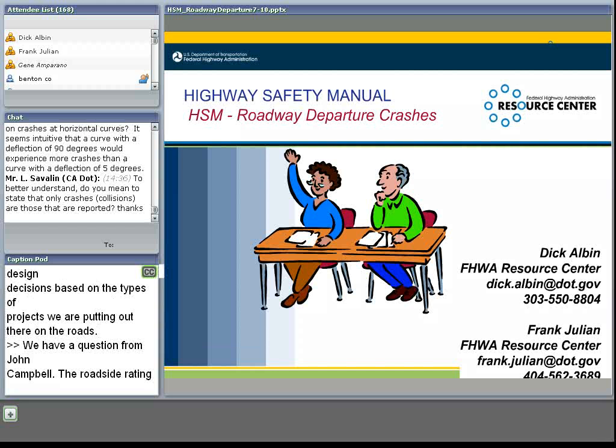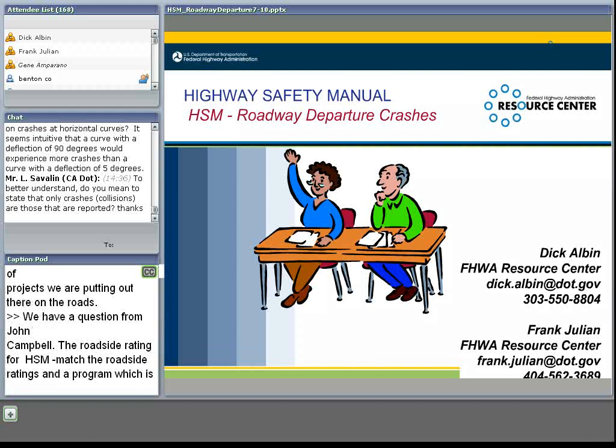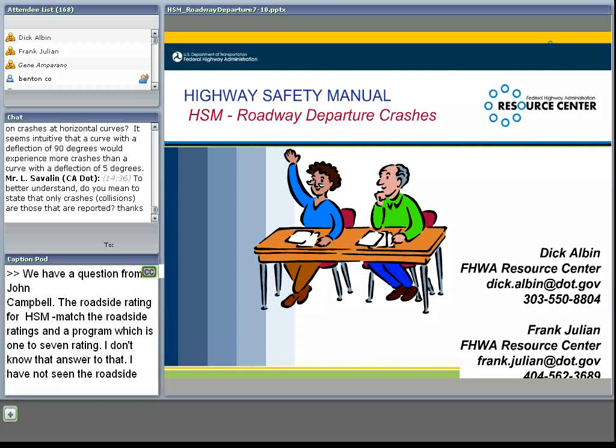That's what we're basically finding out, that the HSM is more a risk management tool. It helps us analyze or predict crash frequency to make better design decisions based on the types of projects that we're putting out there on the roads.